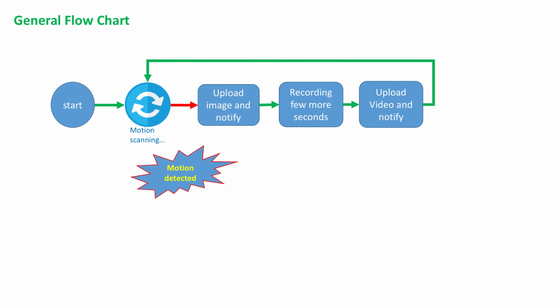After that, it uploads that video to Pushbullet and notifies your phone again to make sure you know the motion has ended. So the system goes back to the motion scanning state to detect further motion. And that's all for the flowchart.